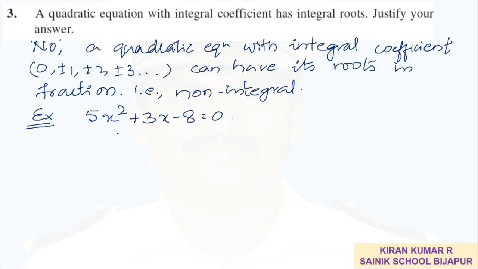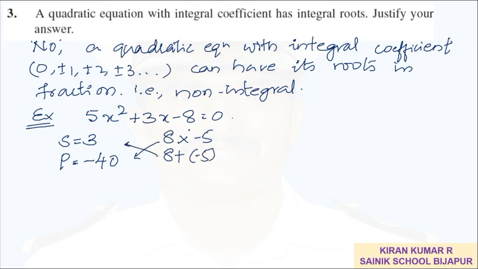Let me solve this by the method of splitting the middle term. The sum is positive 3 and the product is negative 40. It is possible with the 8 and negative 5 combination. 8 plus minus 5 is positive 3. 8 into minus 5 is minus 40.